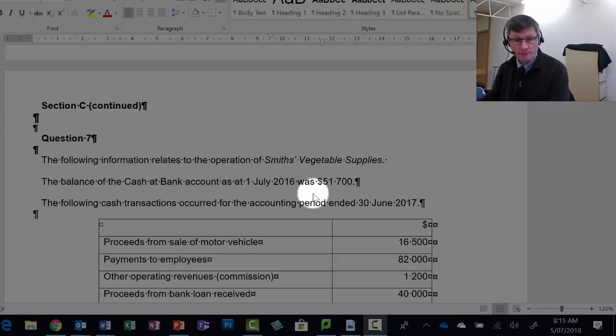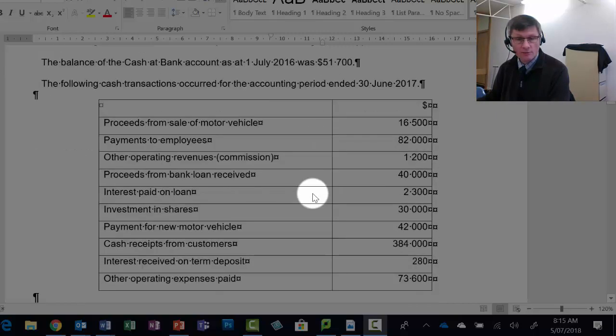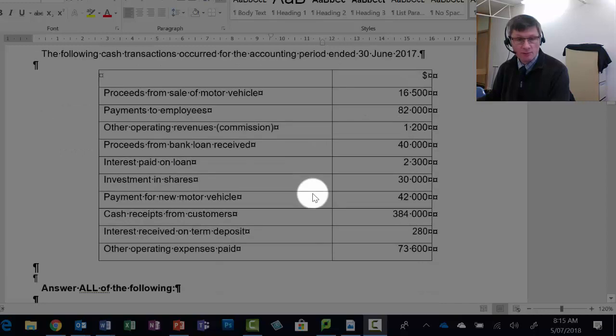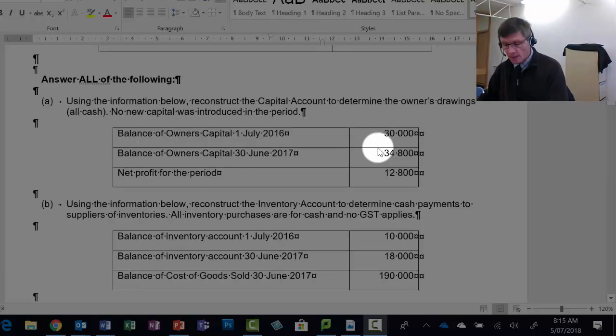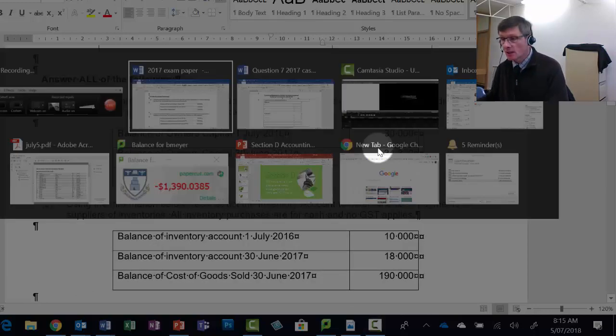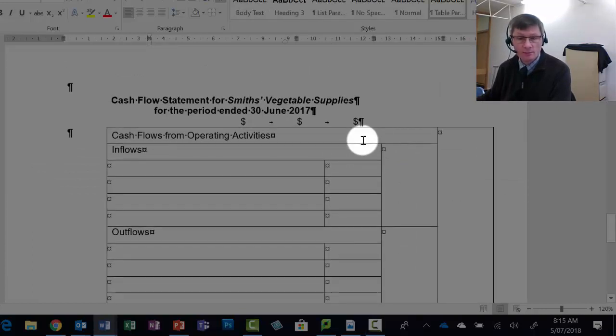So here's the question. It's been given to you in summary form rather than providing two financial statements, which you may be familiar with. So he's giving you bits and pieces of information, and you have to identify in which section of the cash flow statement it goes. So what I've got here ready to do my question is a number of things.